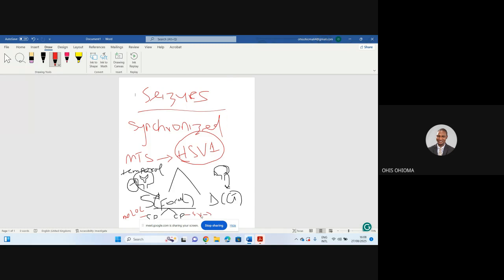It might start from a particular part of the brain, then spread to other regions, and in some circumstances the patient might have loss of consciousness. A seizure usually lasts as little as 2 seconds to as much as 2 minutes.